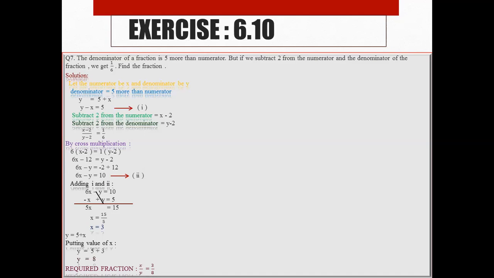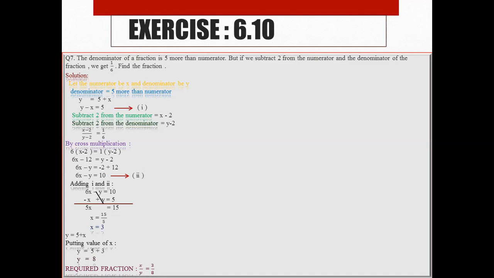And I told you that when we have fractions on both sides, what will we do? We cross multiply. It means the denominator will shift to the other side and become the product of the numerator. X minus 2 over y minus 2 is equal to 1 by 6.